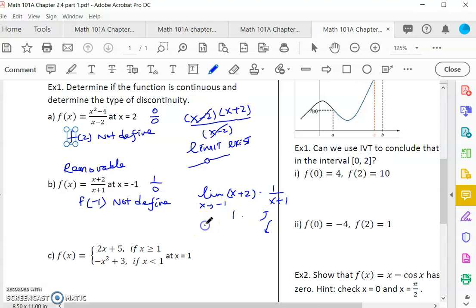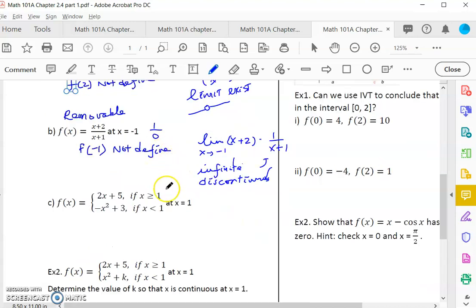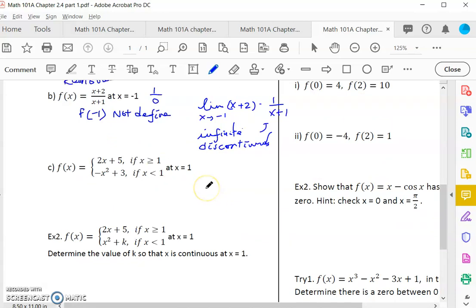So it goes to positive and negative infinity. So we can say it is an infinite discontinuity. It's discontinuous because of infinity, not because of removable. So limits allow us to distinguish the types of discontinuity.